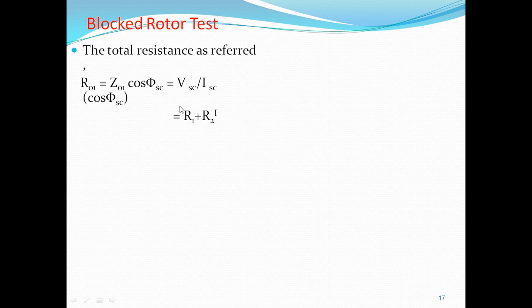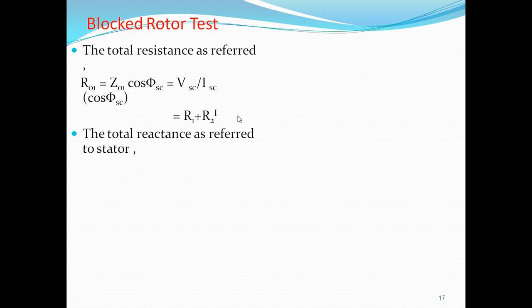R1 is the primary resistance and R2 dash is the secondary resistance referred to primary. That means the secondary resistance is transferred to the primary side.